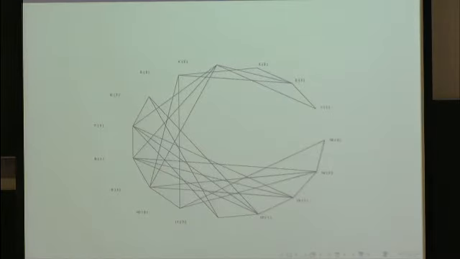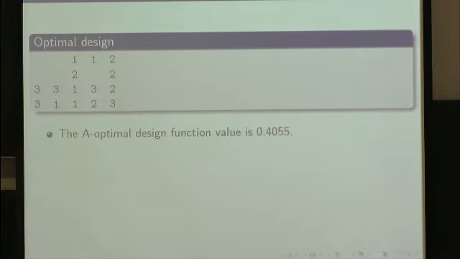I can do it as a network if you like. So this is what it would look like in the standard way I've been presenting it so far. You probably can't see the optimal design there because it's too small. But this turns out to be the optimal design using that methodology, and it takes a couple of seconds. So if you can specify the connectivity structure of any field or any experiment that you can couch in this way, then you can very readily come up with an optimal design.